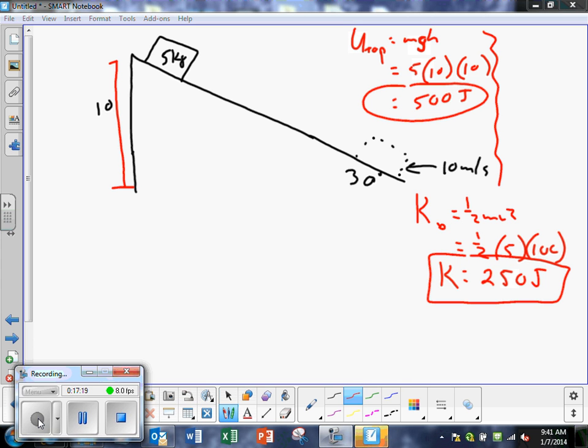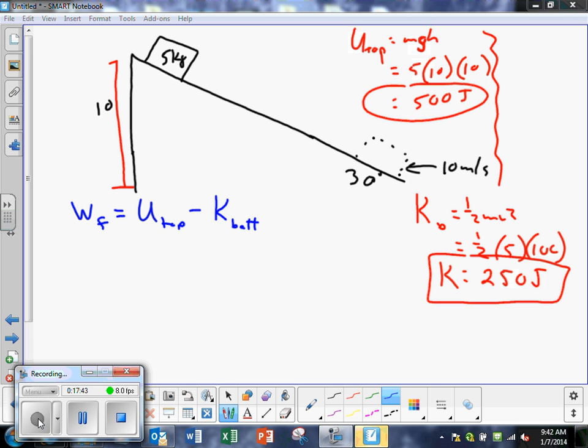So, if I'm trying to figure out the work of friction, well, the work of friction is going to be equal to my potential at the top minus my kinetic at the bottom. Or you might do kinetic minus potential and then get a negative work. Doesn't matter as long as you understand what's happening here.